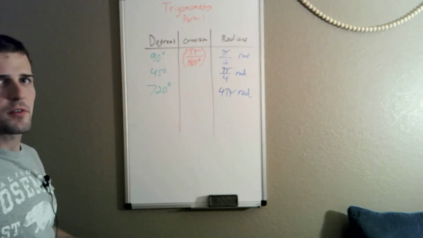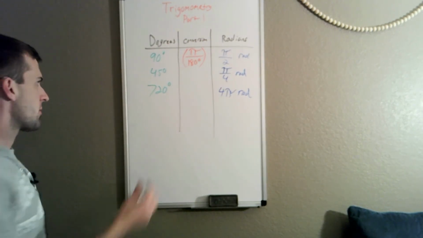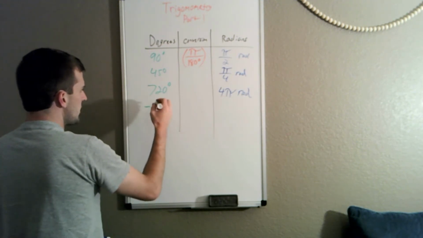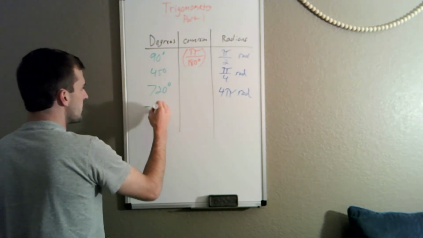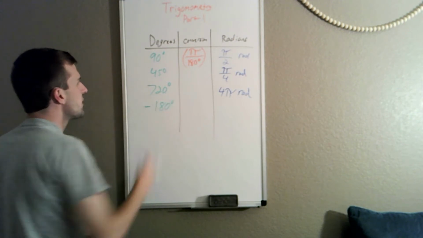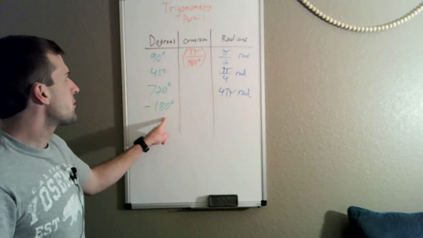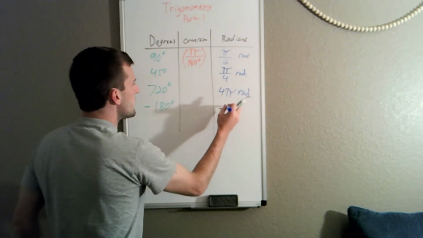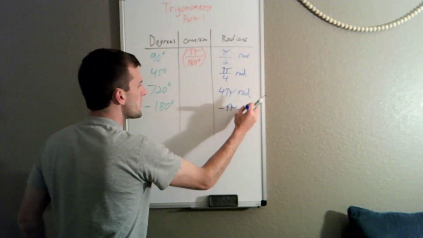And similarly, if you have negative angles, you can still make the conversion. So we'll say negative, I'll just keep it easy, 180 degrees. Negative 180 degrees times pi over 180 is going to equal negative pi radians.